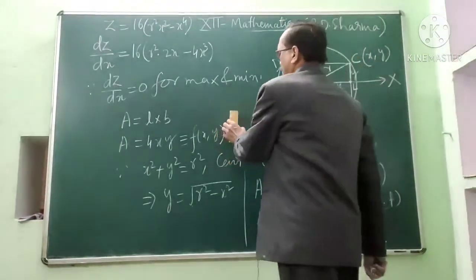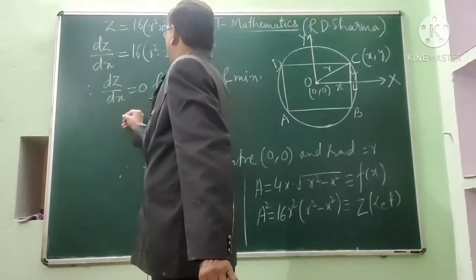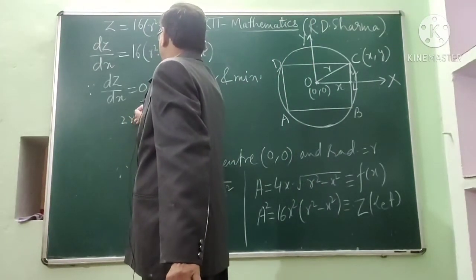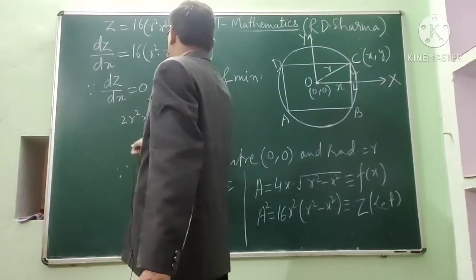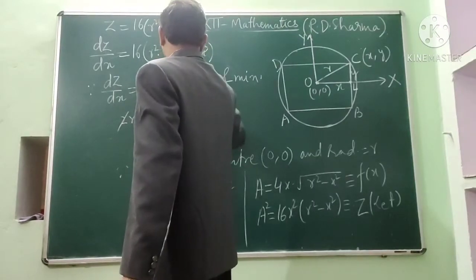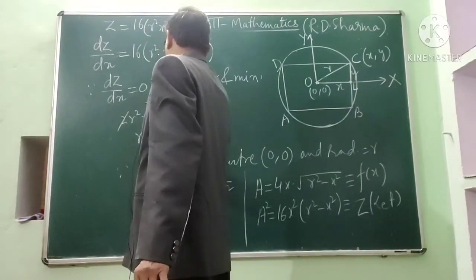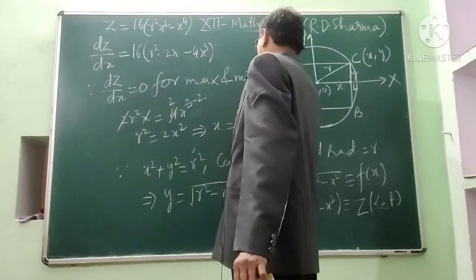From this, we will get 2r square x equal to 4x cube. And this 2 is cancelled, 2 to the 4, one x is cancelled. So r square equals 2x square, and the value of x is r upon root 2.